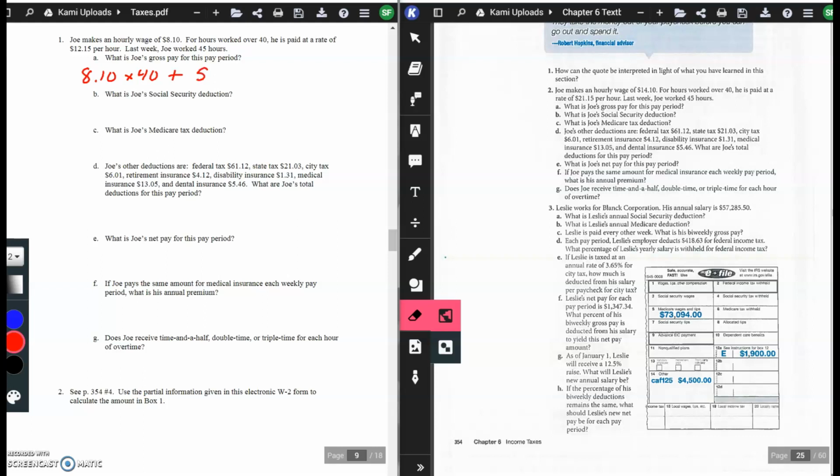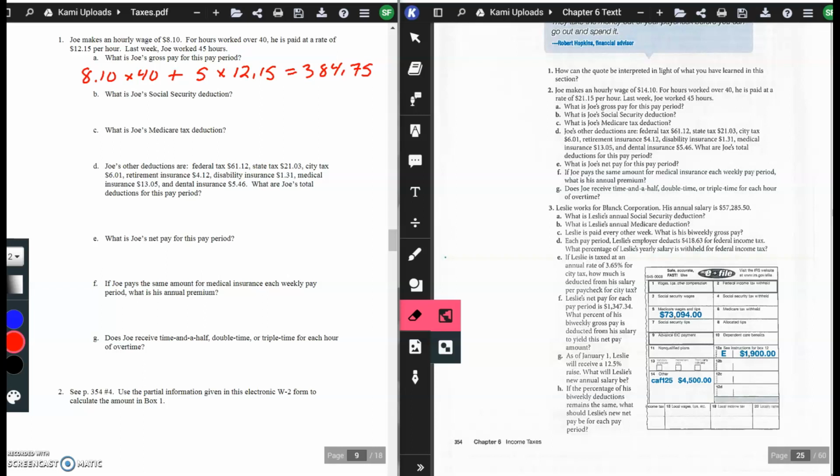So 5 times $12.15 for his overtime. Multiply those out just as you see it in the calculator. So $8.10 times 40 plus 5 times $12.15 gives you a total of $384.75.